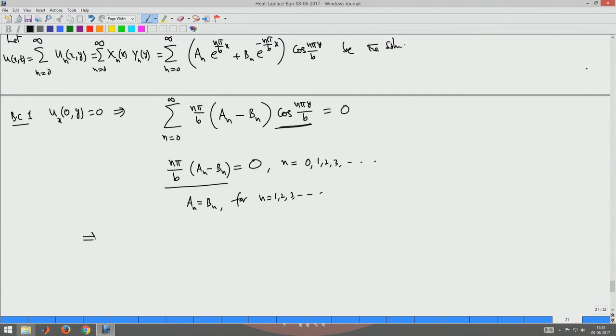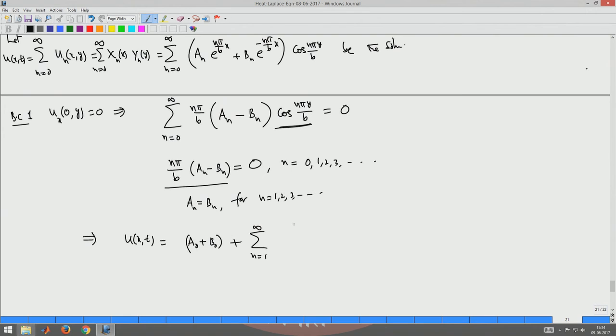So, only a_n equal to b_n you find. This implies u of x, t is simply, for n equal to 0 you can write it separately, a_0 plus b_0. You call this some constant when you put n equal to 0, plus the sum for n from 1 to infinity.